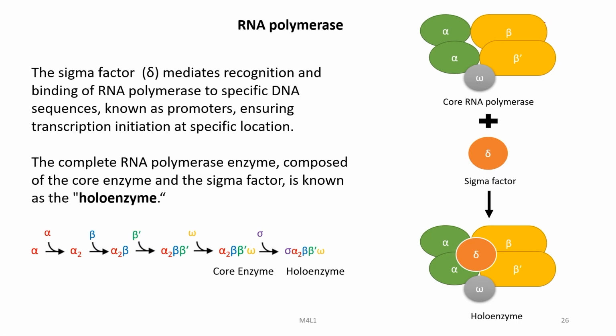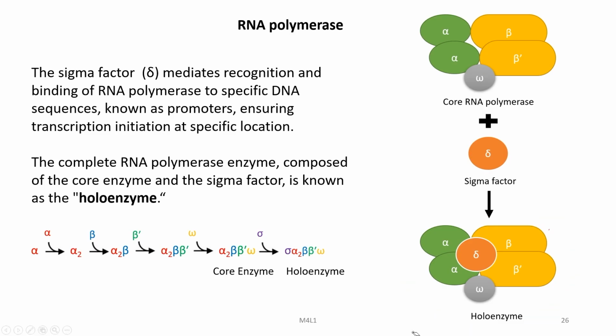This is a structure. You have 2 alpha, beta, beta prime, and omega. So, this is known as the core RNA polymerase, which when coupled to the sigma factor forms what we call the holoenzyme.